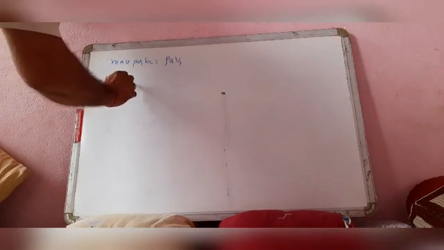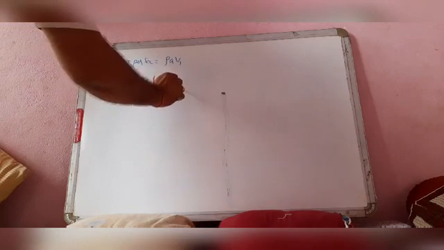Putting the values here, half of rho a v1 into (v1 square minus v2 square).